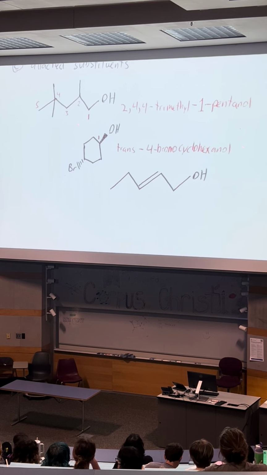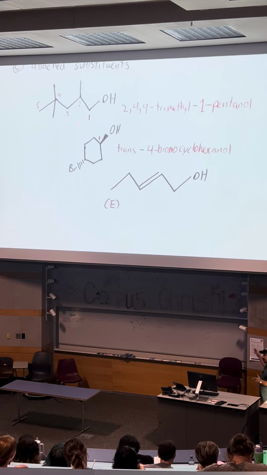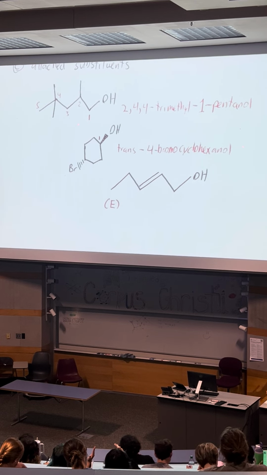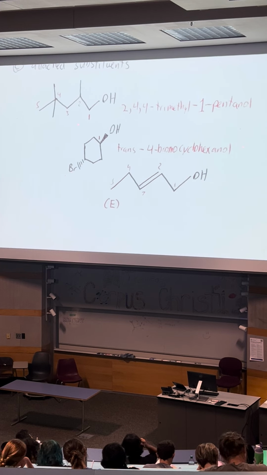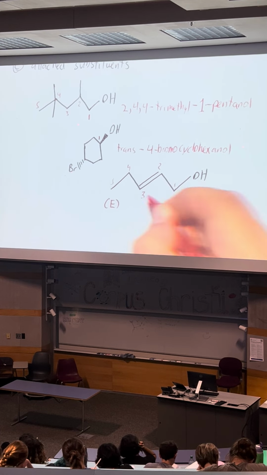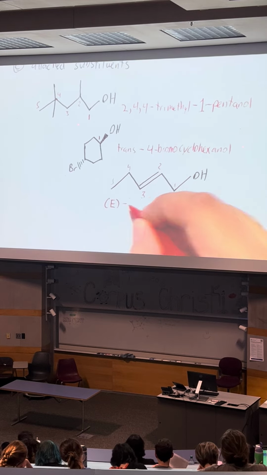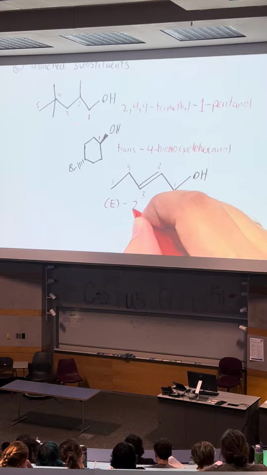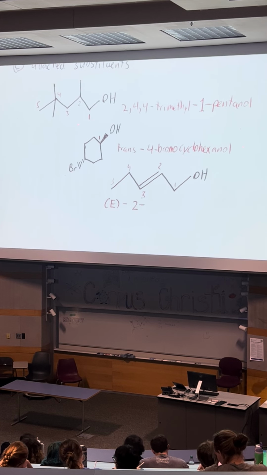So we can start out this nomenclature by calling this the E, which in this case would be analogous to the trans. All right. Now the numbering doesn't change. We still number starting with the carbon with the hydroxyl group as carbon 1. And so here what we need to do is let people know that there's a double bond at carbon 2.